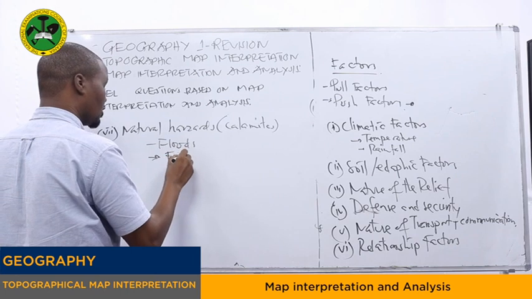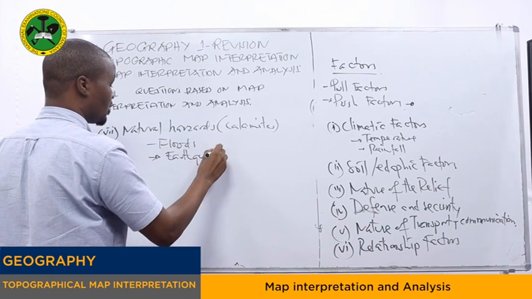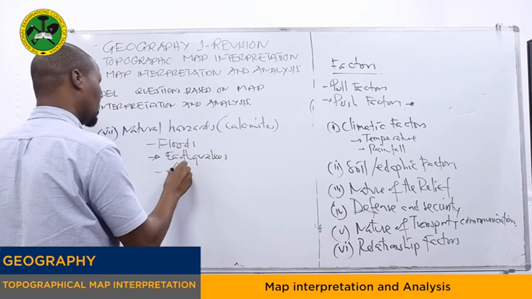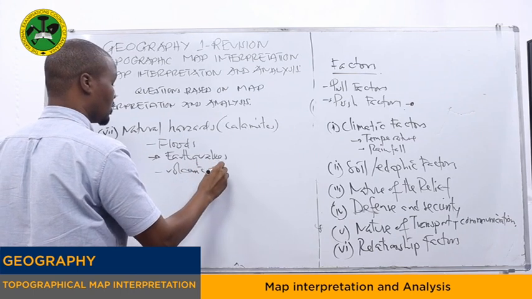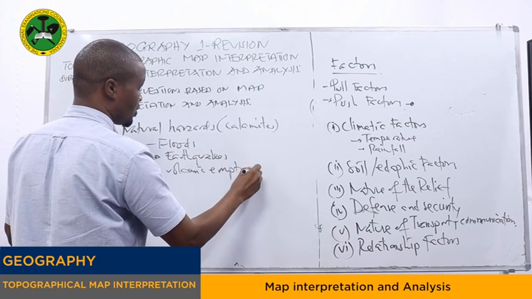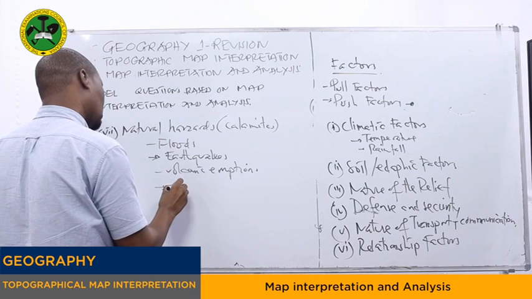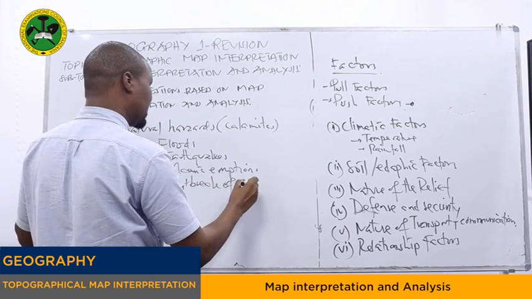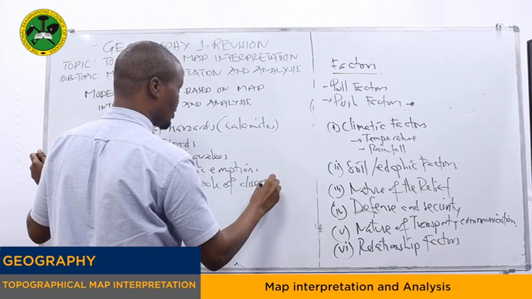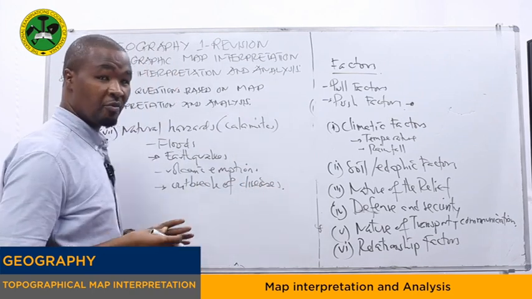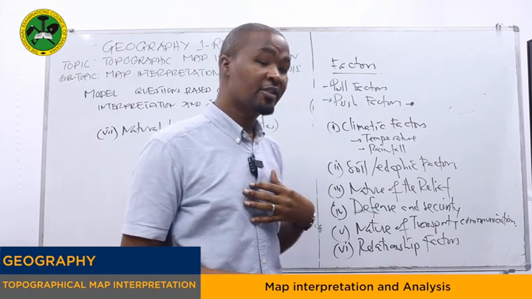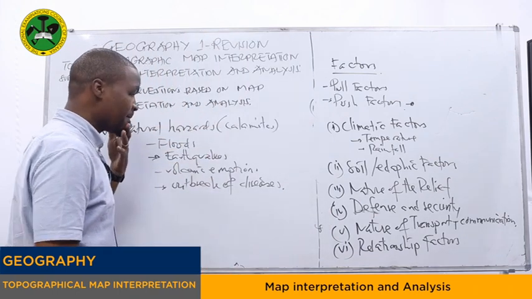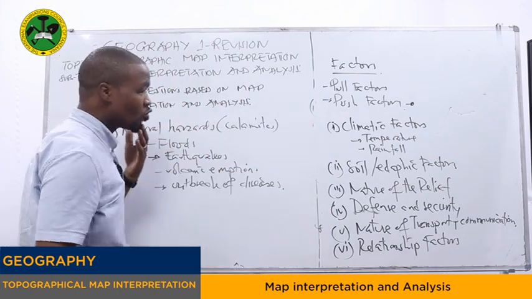Earthquakes, volcanic eruptions, and outbreaks of diseases may also cause people to shift from the area of origin to somewhere else. So these are among the factors that may cause the area to be rural or urban.